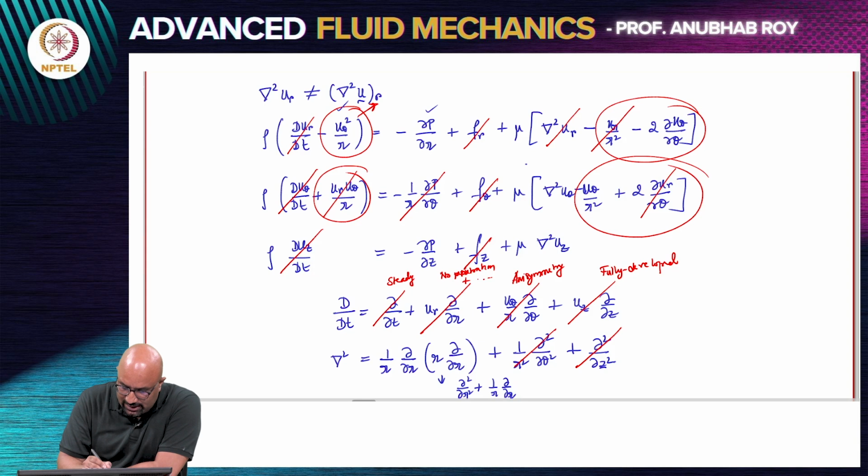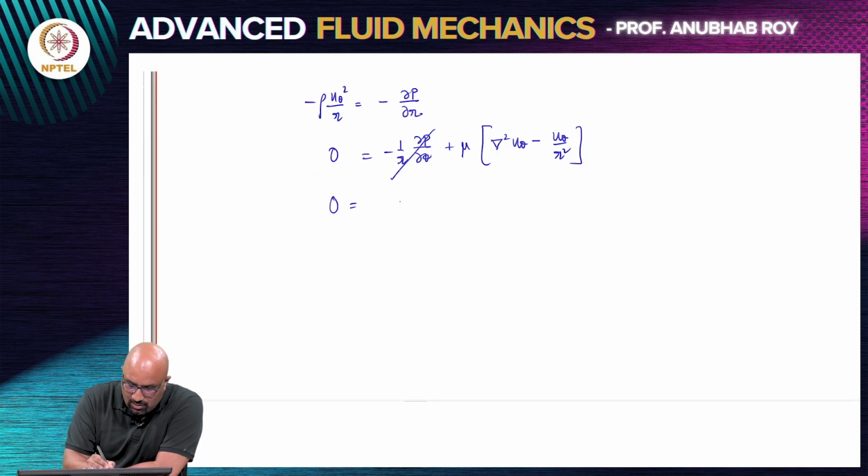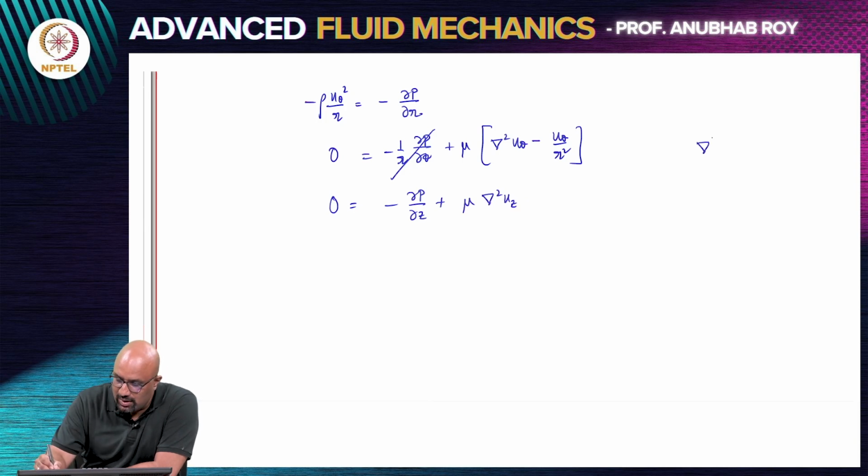And in the axial direction, I have 0 equals minus dou p dou z plus mu del square u z. And del square here takes a slightly simpler form. It is 1 by r dou dou r of r dou dou r.